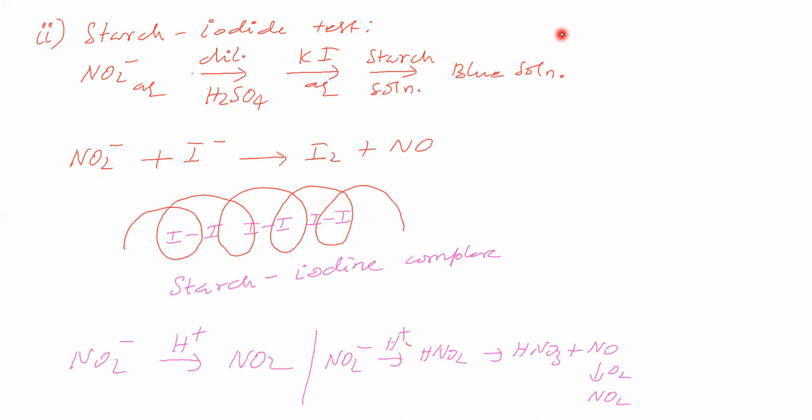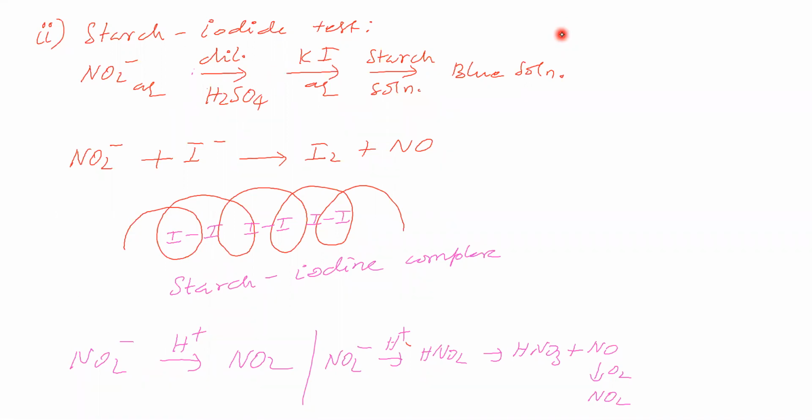Now, here in this place, NO2 minus will not be there, nitrite will not be there. Then how to proceed with this test? For which you take the water extract, add dilute sulfuric acid, and add I minus immediately.